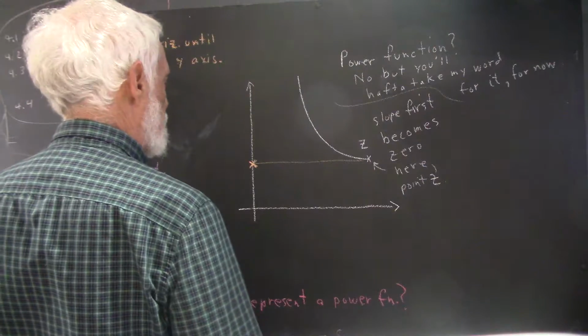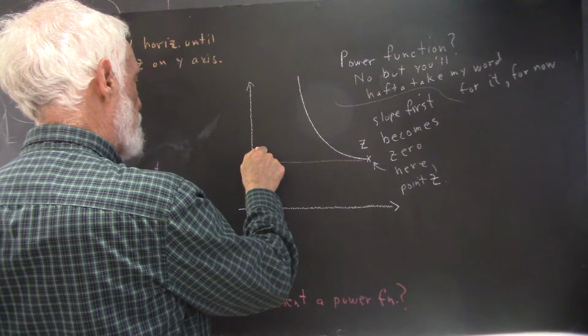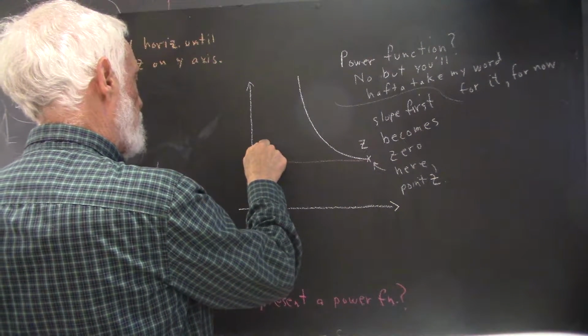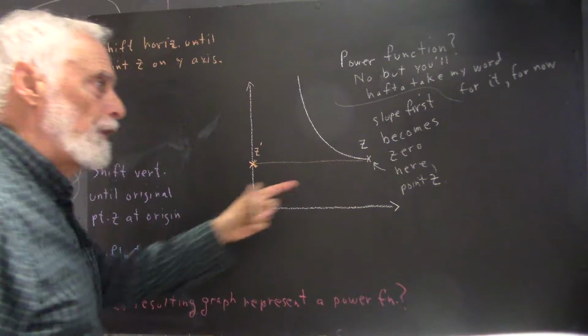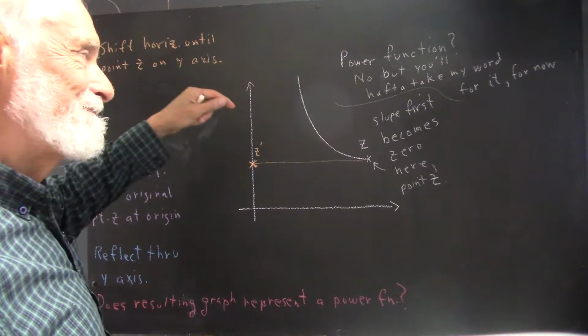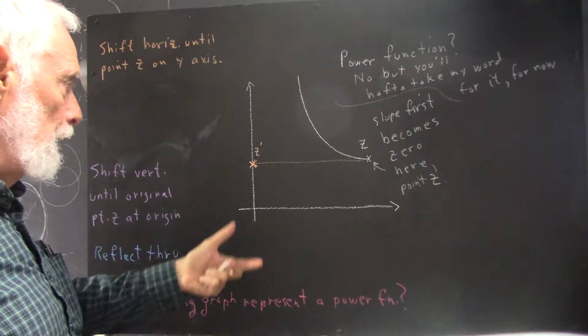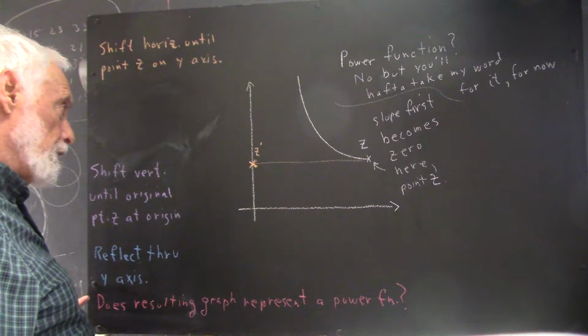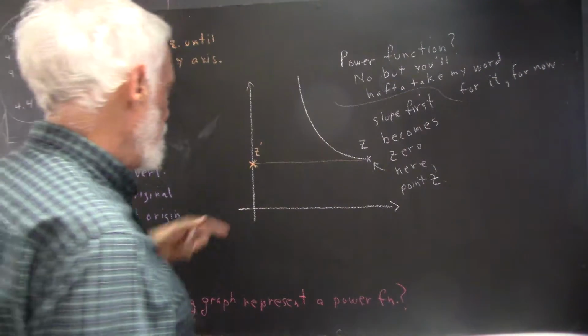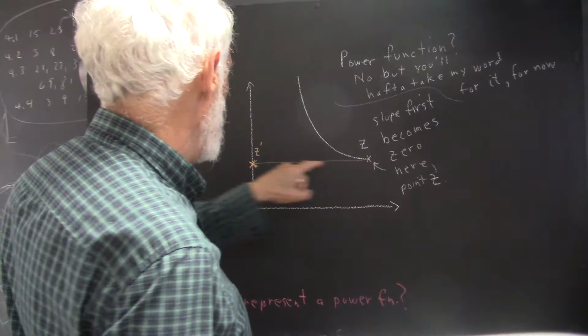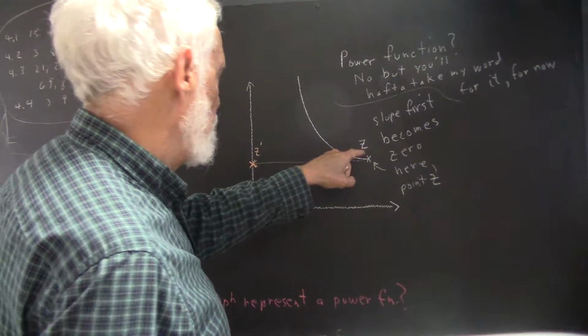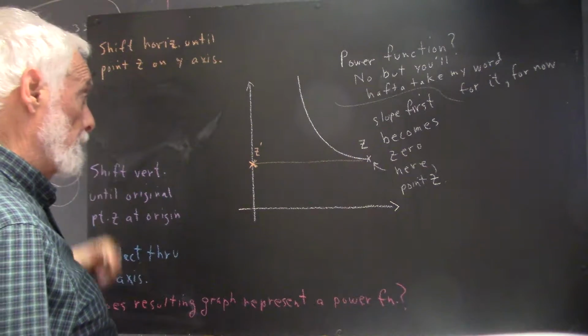Now we really can't call that point Z anymore, so I'm going to call that Z with an apostrophe. Call it Z prime. And the prime can have many meanings. It could mean the slope of the graph of a function, as we've seen. But right now it simply means the position of the original point Z after the transformation.